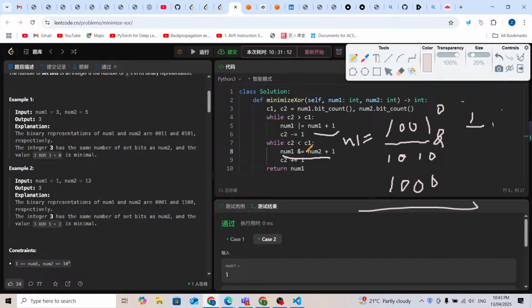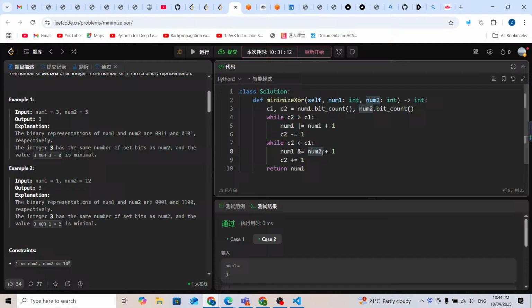So basically, I think that's all about it. I think the difficult part is how can we find those two formulas. Actually, this is just the bit operation. If we were to set the low bit 0 to 1, or set the low bit 1 to 0, we're going to use this kind of formula to set.